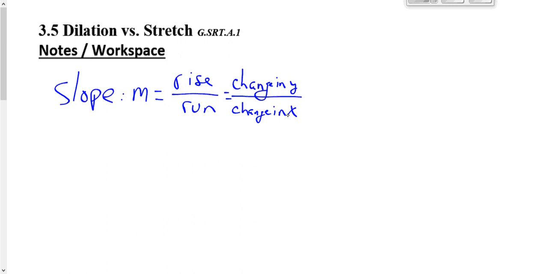Now, if any of you move on to a science class like physics or chemistry, there's a Greek letter that represents change. And maybe if you watch the movie Apollo 13, you hear them talking about this. Has anybody ever seen this? That is not a triangle. That is the Greek letter delta.